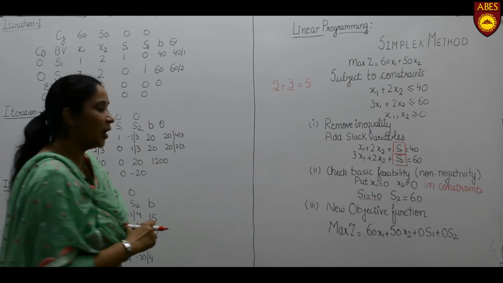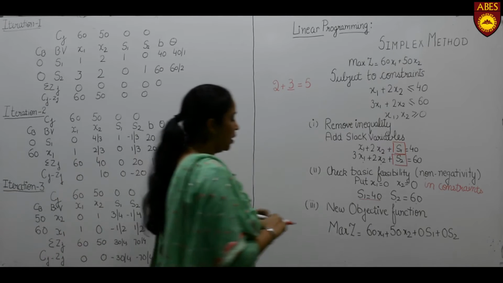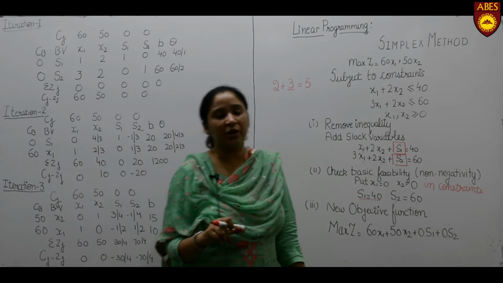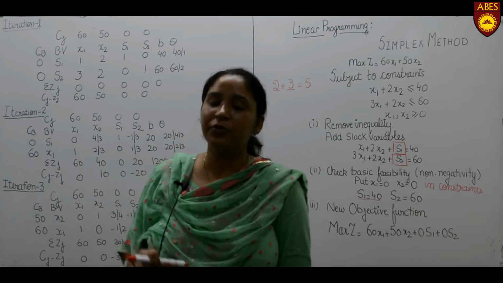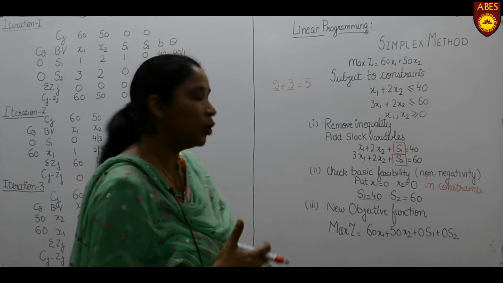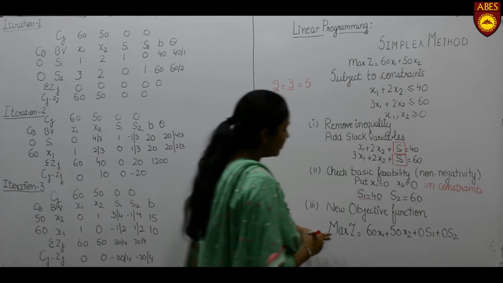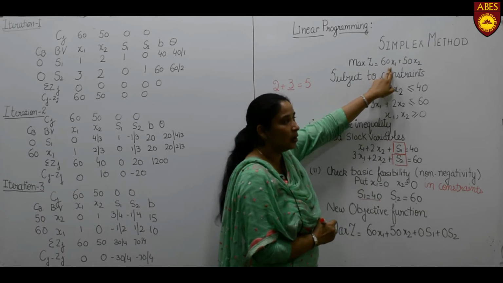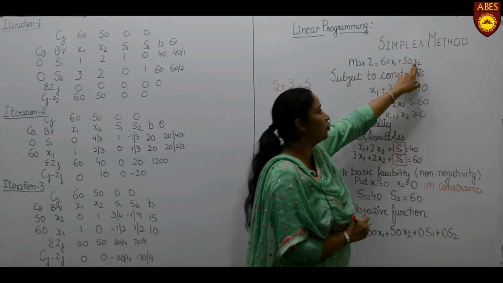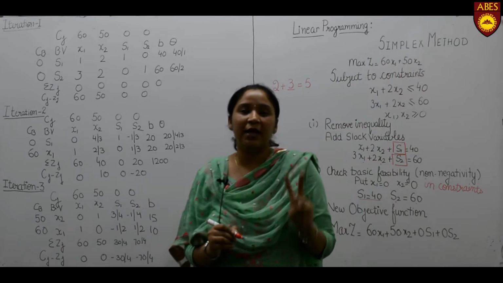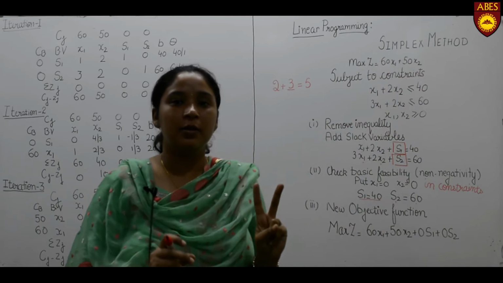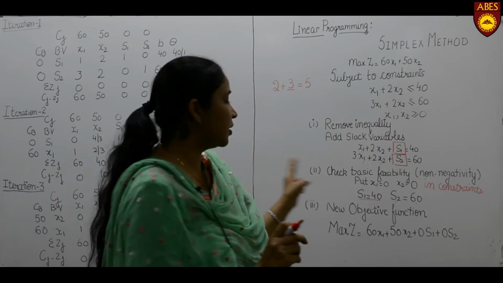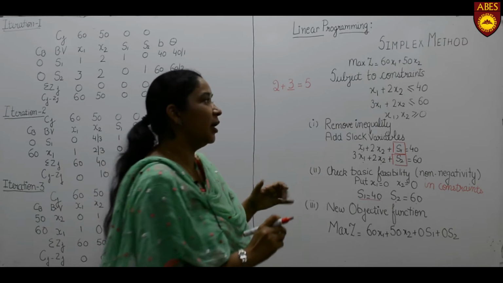Now we have to make a new objective function. Since it is a maximization function, there is a different set of rules for it that I have told you earlier. Maximize z is equal to 60x1 plus 50x2. Now we have two extra variables, our slack variables, s1 and s2.